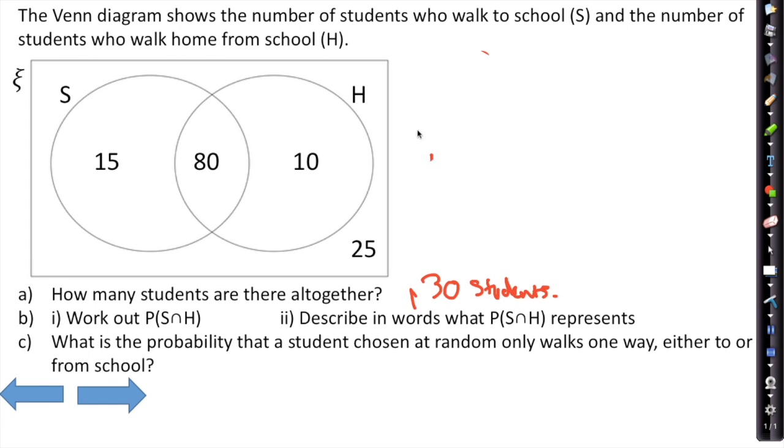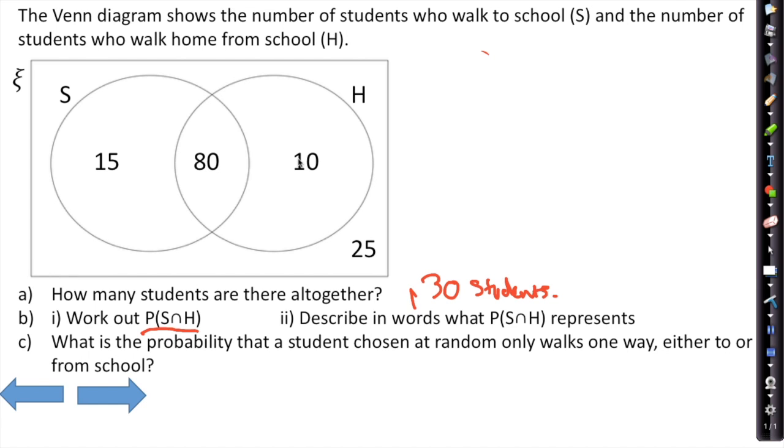Work out the probability of them intersection. So what's the probability? That P there, probability of them intersecting, so both walking to school and from school.